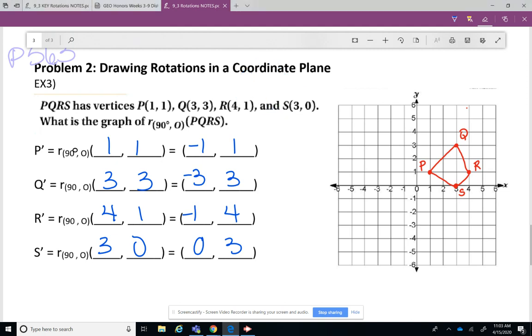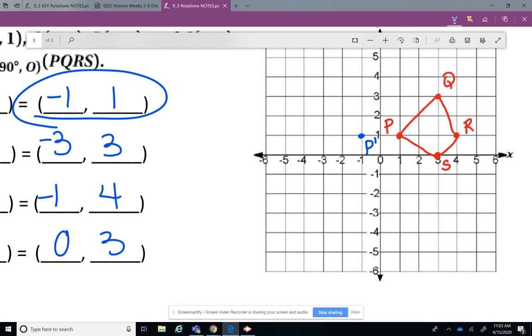All right, now you might want to do this with another color. It doesn't really matter. Go plot those points. I'm going to do it in blue. So I'm going to plot my P prime is -1, 1, and then I'm going to name it P prime. See if I can make this a little bit bigger for you. My Q prime is -3, 3, and that's my Q prime.